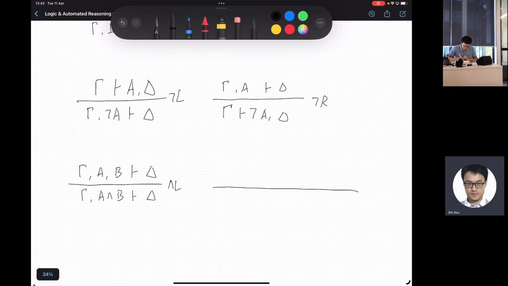And if we have A and B on the right, then that's a bit complicated because comma on the right is or, it's not and.